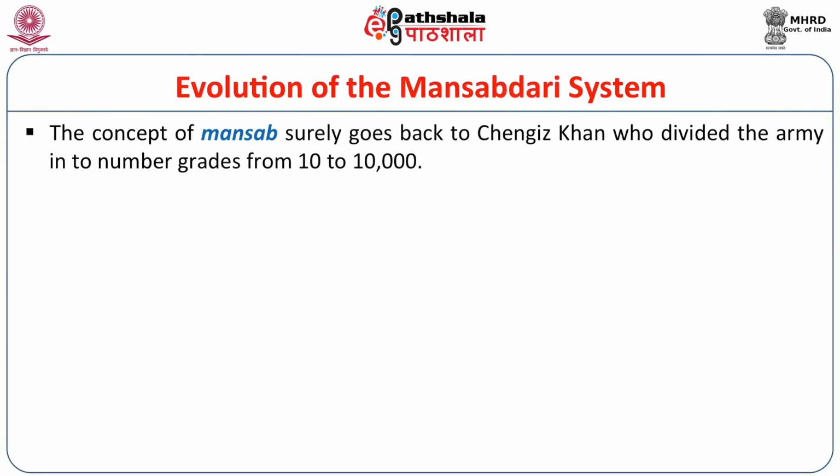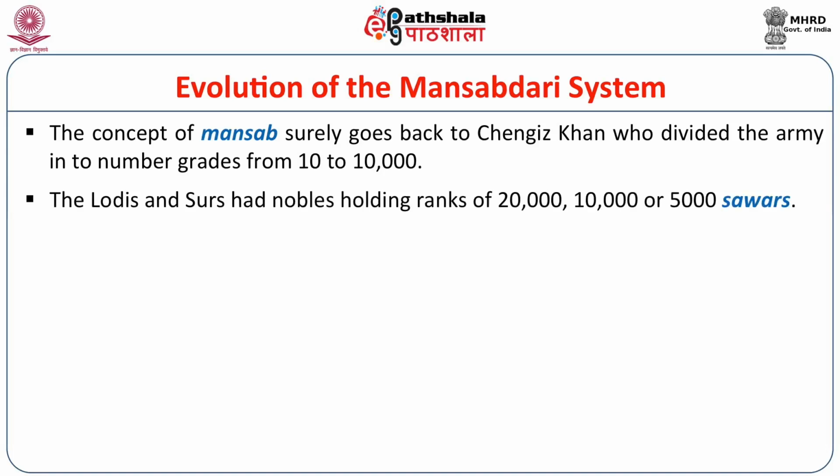Now, let's discuss how the Mansabdari system really evolved. The concept of Mansab surely goes back to the time of Chengiz Khan, who divided the army into grades from 10 to 10,000.